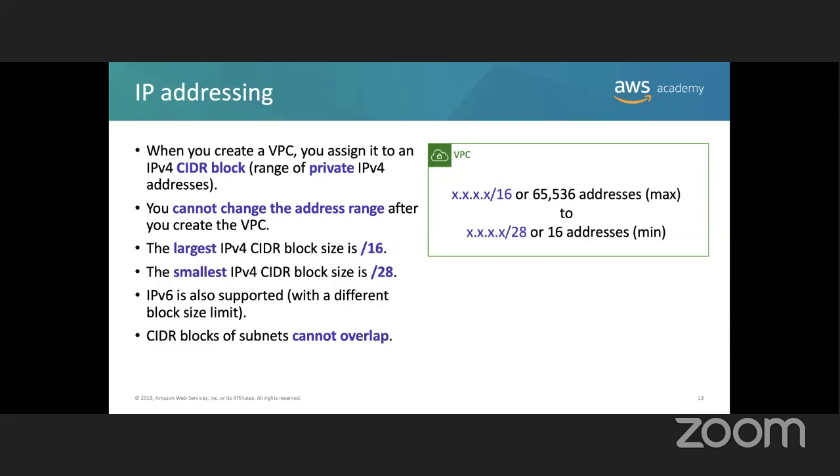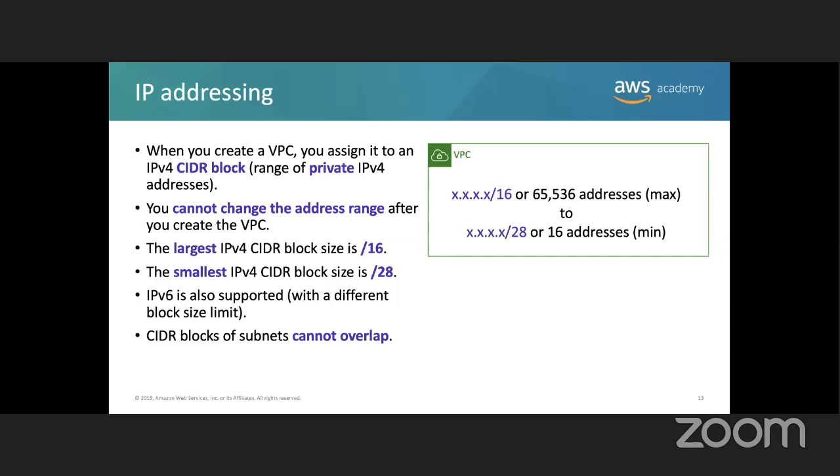That's how you create the CIDR in a VPC on AWS. Remember, the lower the number, the higher the number of addresses you can have. So the maximum is /16, the minimum is /28, which is 16 addresses.